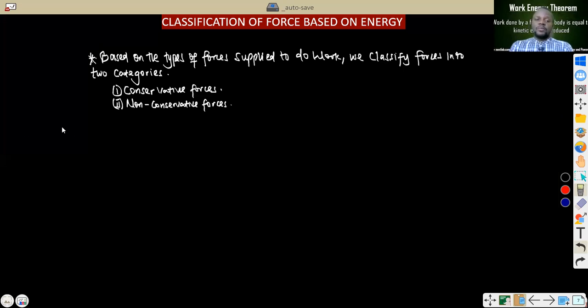Now, about the first type of forces, the conservative forces, we can say, from the word conservation, which I believe from our grammar class means preservation. When we say conservative forces, we can say these are forces that store potential energy.